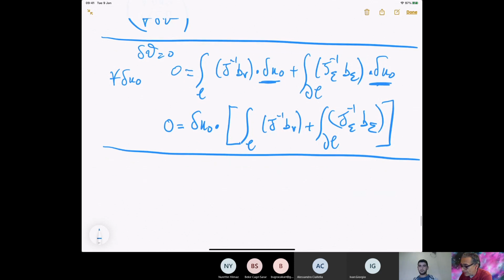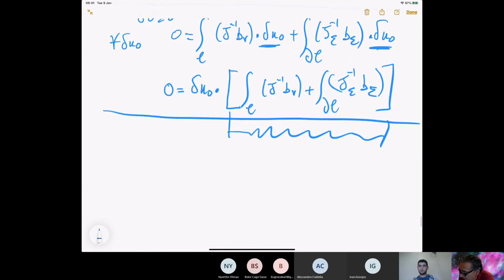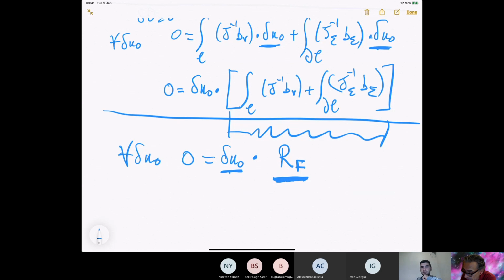So at the end, do you remember what is this? This is the resultant force by definition. This is the sum of all forces applied to your body. Okay. And we have deduced that for every delta U0, this resultant force, inner product delta U0, is equal to 0.